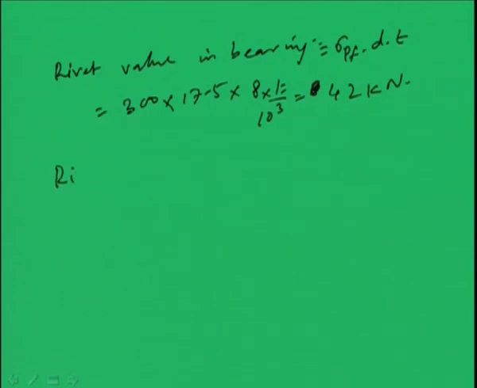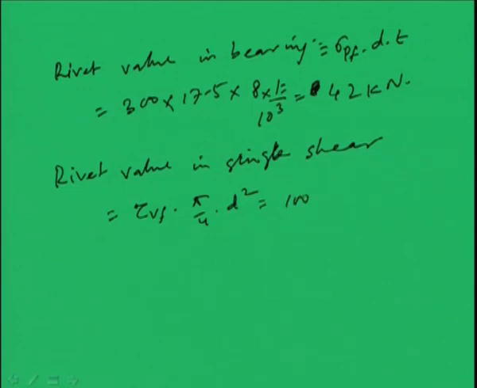Similarly, rivet value in single shear will become tau Vf into pi by 4 into d square, that means 100 into pi by 4 into 17.5 square, and to make it kilonewton you have to divide by 1000.